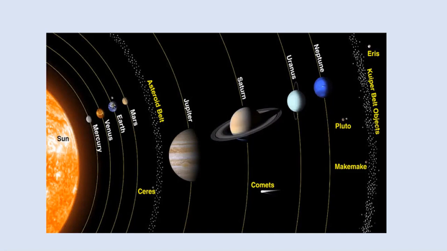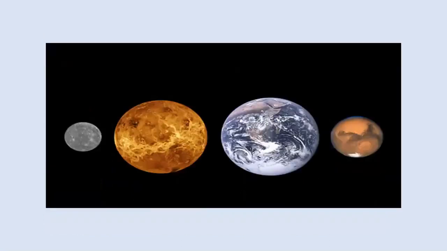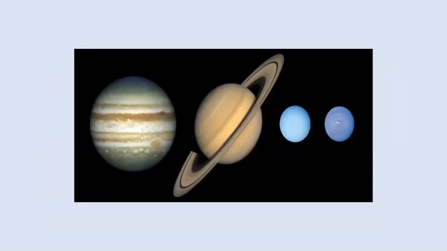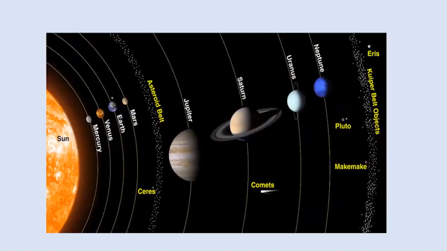And in our previous class, we studied in detail about Jupiter and Saturn. So let us move ahead and study about the remaining 2 planets of our solar system. Students, look at this picture and tell me which planet has a greenish appearance in the solar system. Absolutely correct, Uranus.